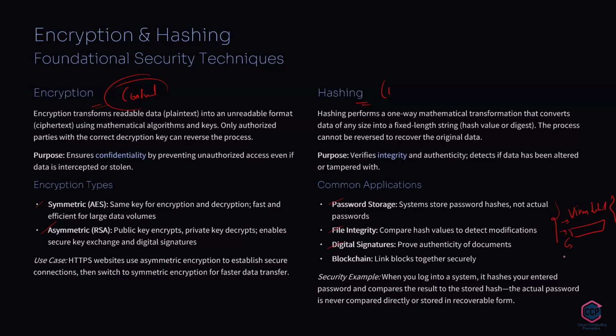Based on that hash, we'll see all the details of the file, whether it is digitally signed or whether it is a certified application or not. An example: when you log on to a system, it hashes the password you entered and compares the result to the stored hash.